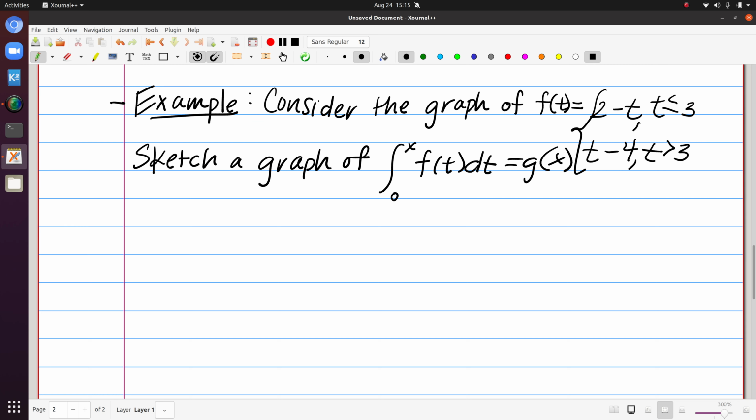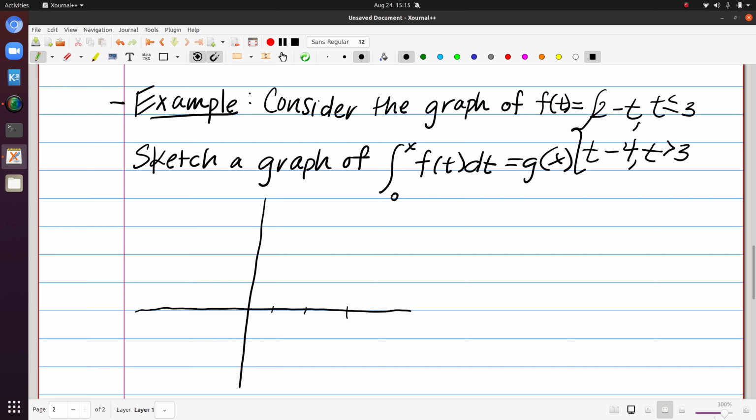And we can think about here that looking at those pieces, we're going to have, from minus infinity up to 3, and including that, we're going to look at the function 2 minus t.